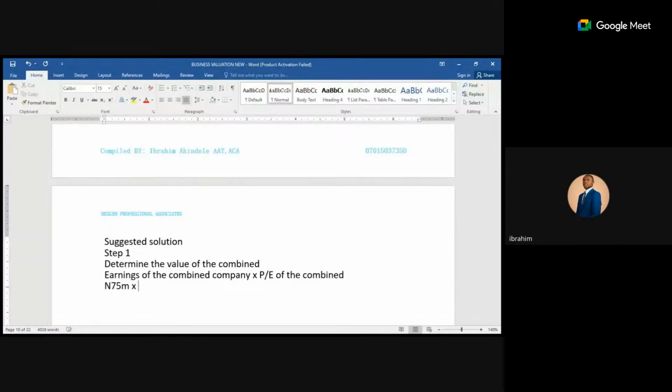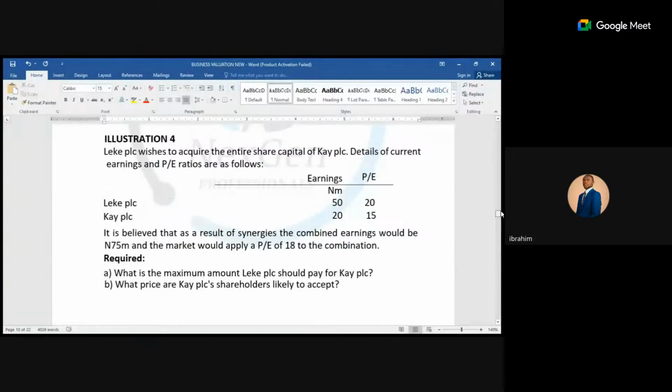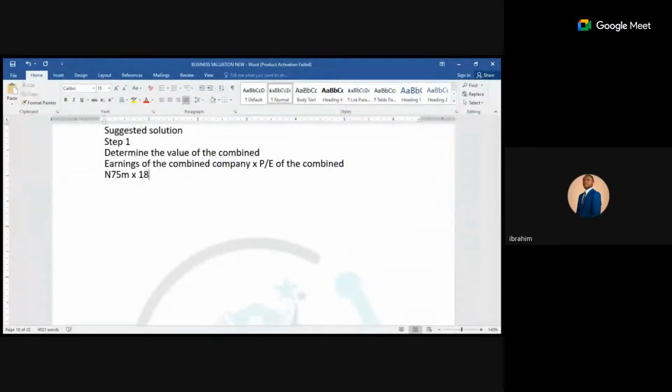times, what is the PE ratio of the combined company? What is the PE ratio of the combined company? 18. 18 given to us in the question.